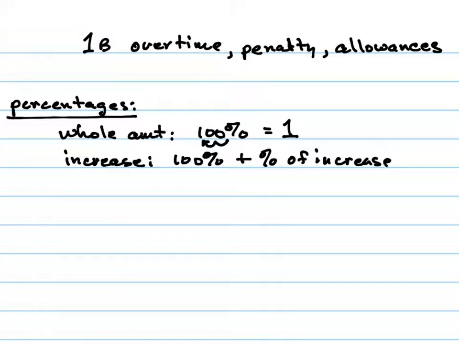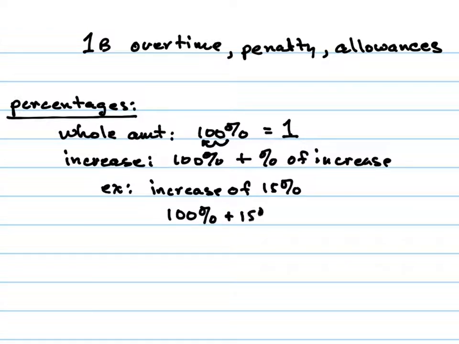So say, for example, that we want an increase of 15%. So instead of finding 100% and then 15%, we would simply add those two percentages together. The 100% plus the 15% means that my multiplier here is now 115%.